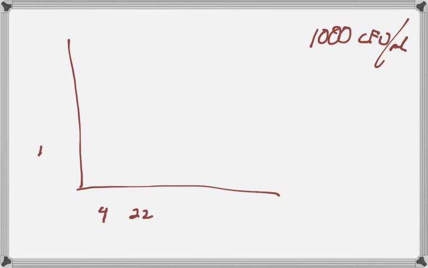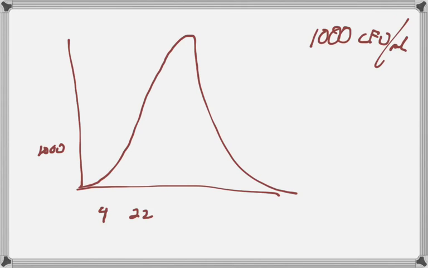You measure the growth over those different temperatures. How did we know there was death occurring? What would be true if we saw bacterial death? Exactly. Less cells than what you started with, right?